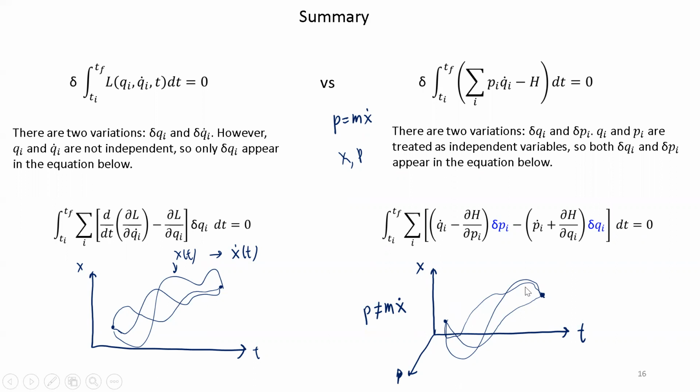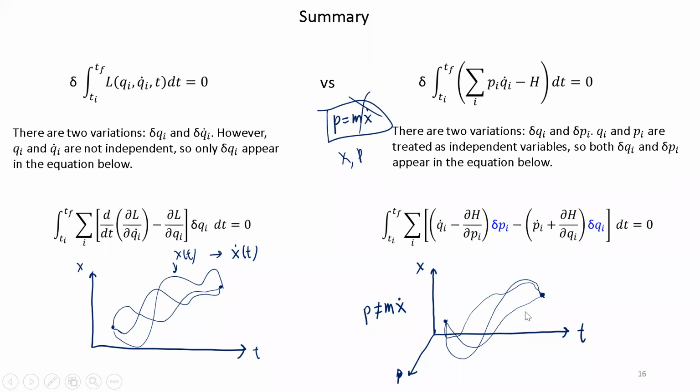So that is the idea: when we work with this, we pretend that we don't know anything we learned from Newtonian mechanics. You don't even know p equals m x dot. You don't know anything about this. You just have the two variables here, and then you do your variational analysis.